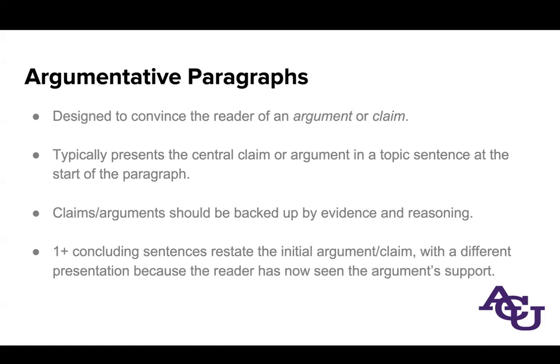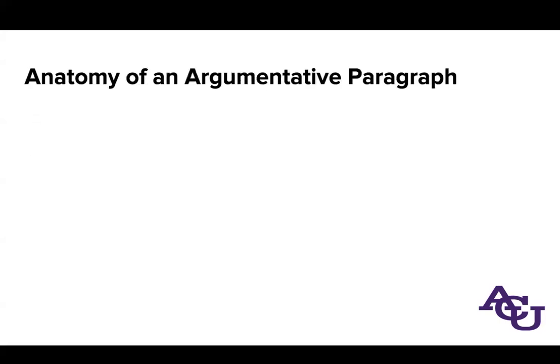And especially where you only have 2 or 3 paragraphs, make sure that you have a concluding sentence that either brings everything together and tells us new meaning, or restates the initial argument or claim, which will now land differently because the reader has seen the analysis and evidence to back up your claim. So let's break that down here.